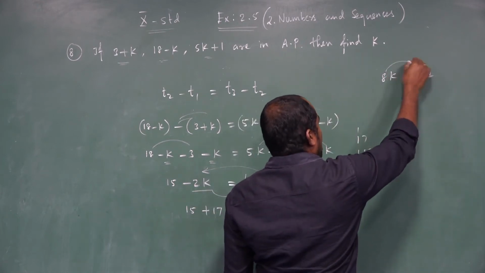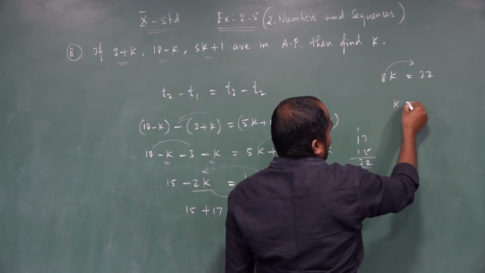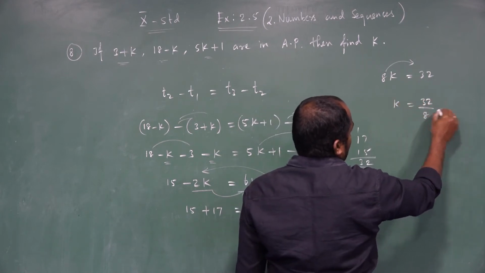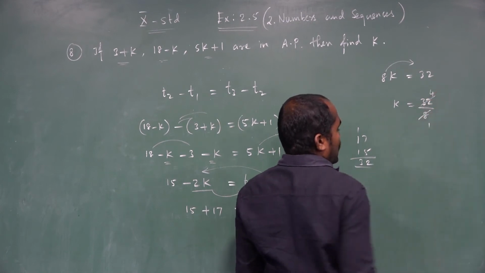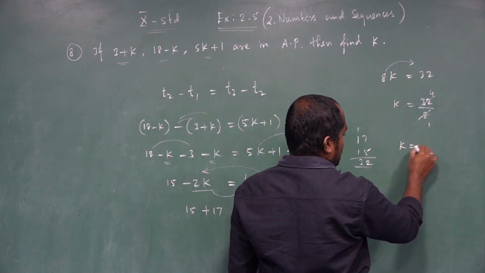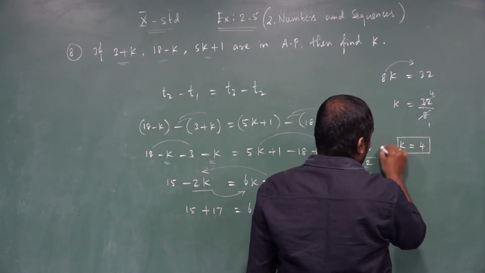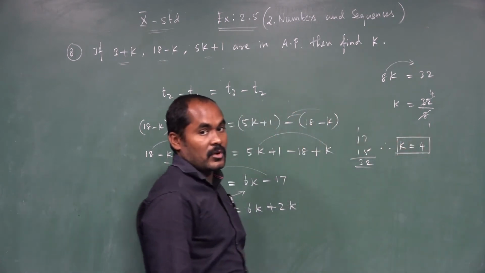Sending this 8 to the right side, k is equal to 32 by 8. Simplify: 8 ones are 8, 4 eights are 32. So k is equal to 4. So the value of k is equal to 4.